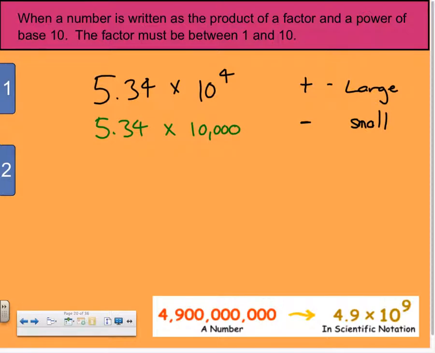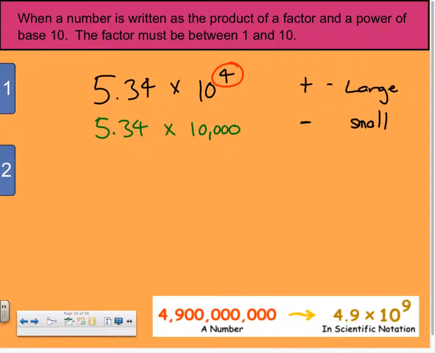It's 10,000, right? Or 10 times 10 times 10 times 10. And every time you multiply by 10, you move something to the right. So now we can just focus on this exponent, and it's going to tell us how many times to move our decimal point. What we have to know is which way do we move it. And that's where recognizing the positive or negative helps.